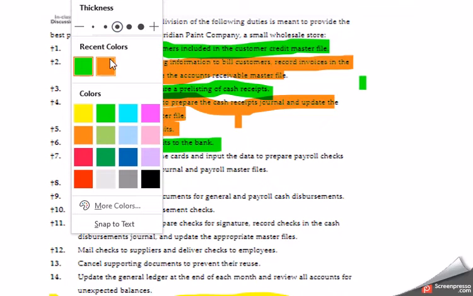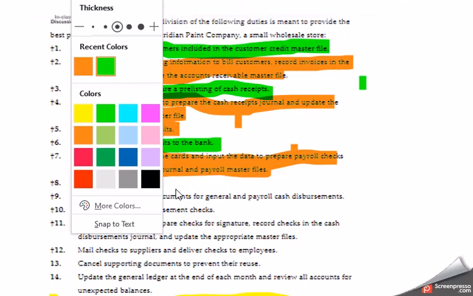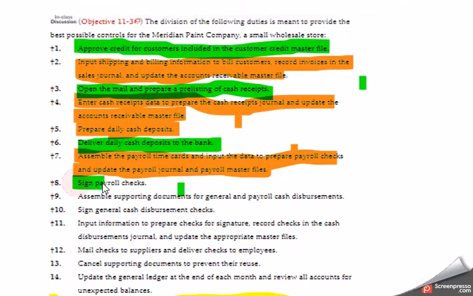At this point it doesn't matter which, so we'll go back to our orange. The one person who is going to enter the payroll data and update the master journal is going to be a different person than the person who signs the checks. So then the person signing the check should be the other person.